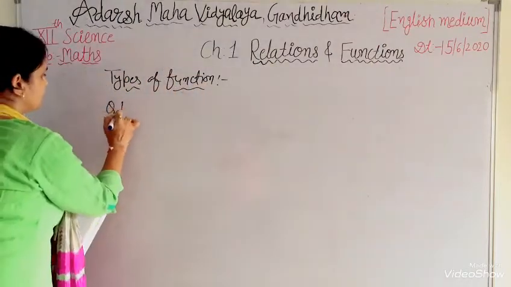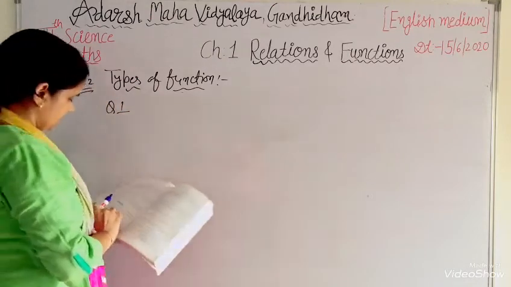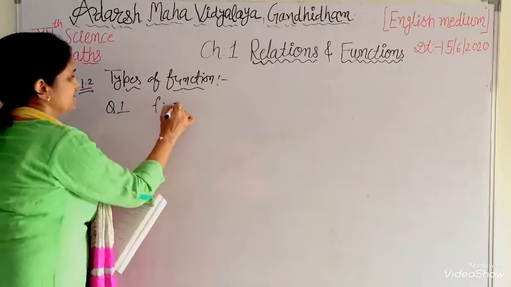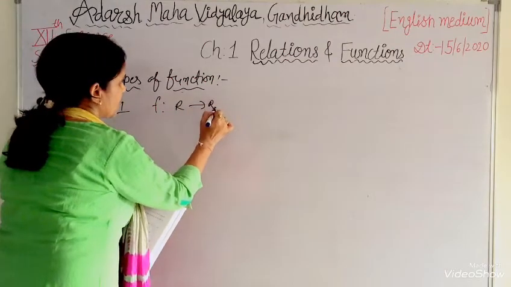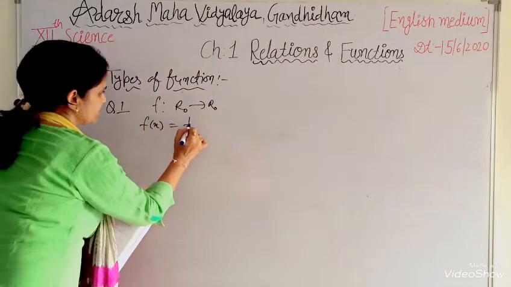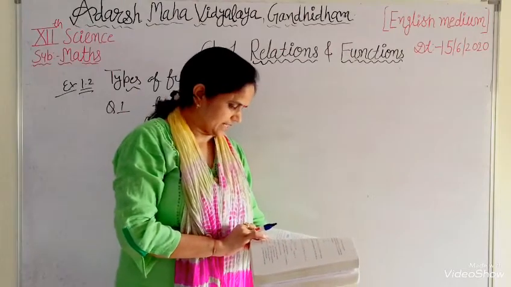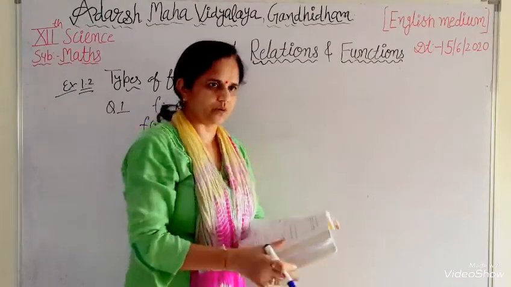Question first, exercise 1.2. Here f is given, students, R0 to R0 and fx is defined as 1 by x. We have to prove that it is 1, 1 and onto.